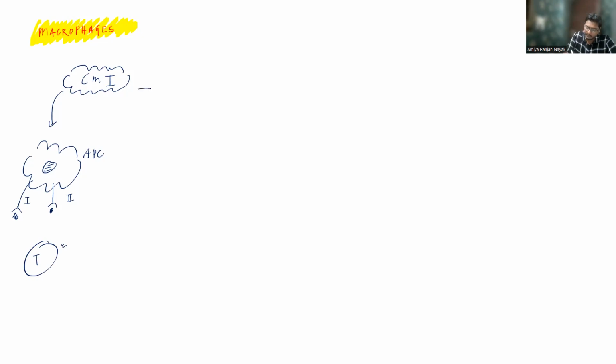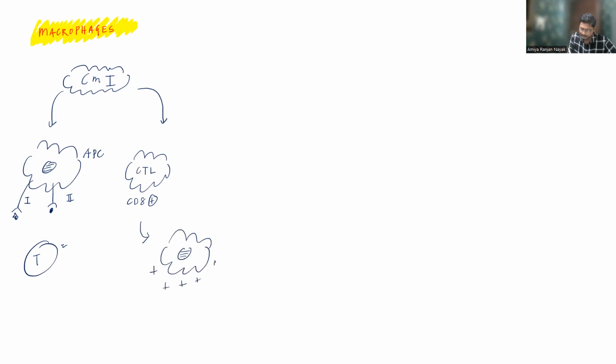Also, during the effector phase of cell-mediated immunity, I have told you previously, when the cytotoxic T lymphocytes or the CD8 positive T lymphocytes are activated, they can produce certain cytokines which can ultimately activate the macrophages, and these macrophages help in the clearance of the antigen or the microbial pathogen.